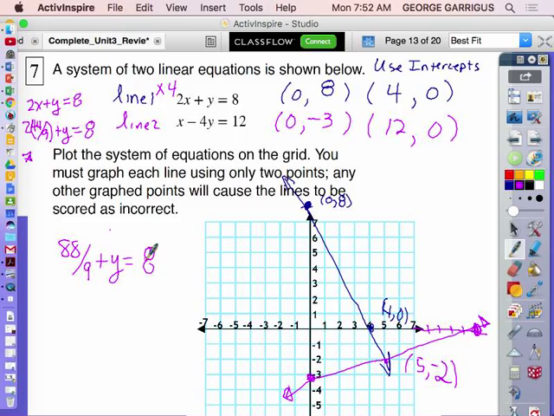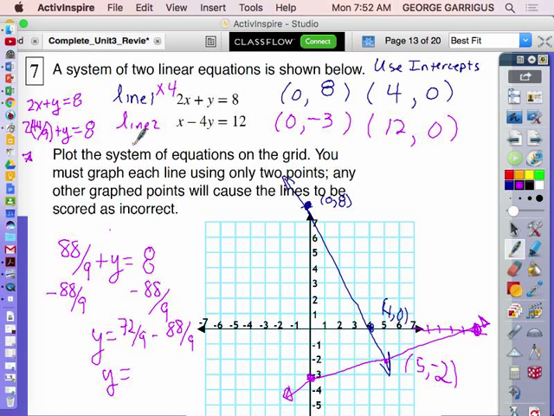And if I subtract 88 over 9 from both sides, I need to change 8 to 72 over 9 minus 88 over 9.